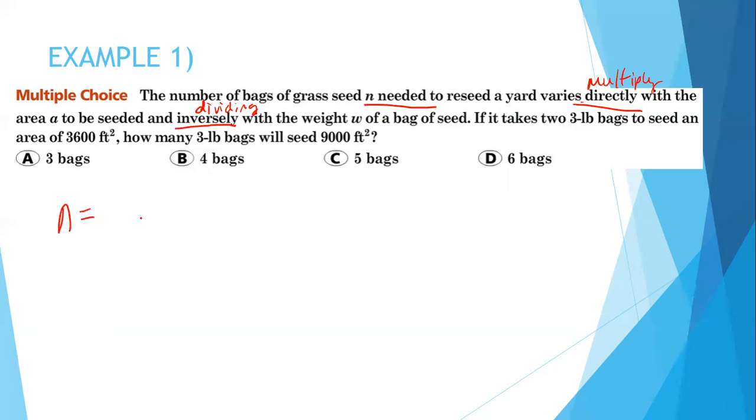So N equals, and everything has a constant, so our constant, K, has to be there. It varies directly with area, which is our A, so K times A. And inversely with the weight W, so that means I'm dividing by W. So we have N equals K times A divided by W. That's our step 1.